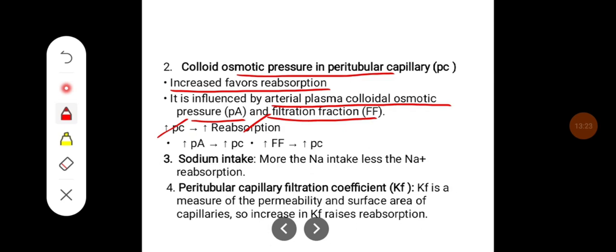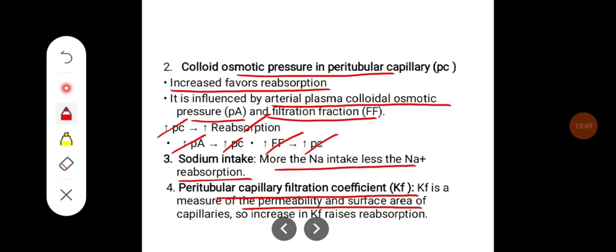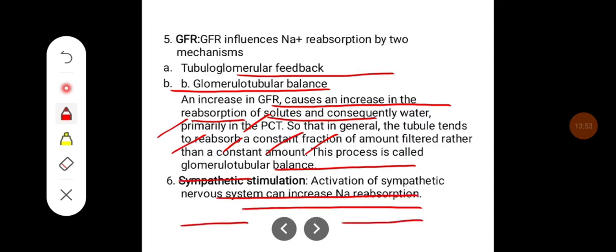If filtration fraction increases, the peritubular capillary colloidal pressure is going to also increase. Sodium intake: the more the sodium intake, the less the sodium reabsorption, and it also depends on peritubular capillary filtration coefficient, which is a measure of permeability and surface area of the capillaries. So increase in KF raises the reabsorption.